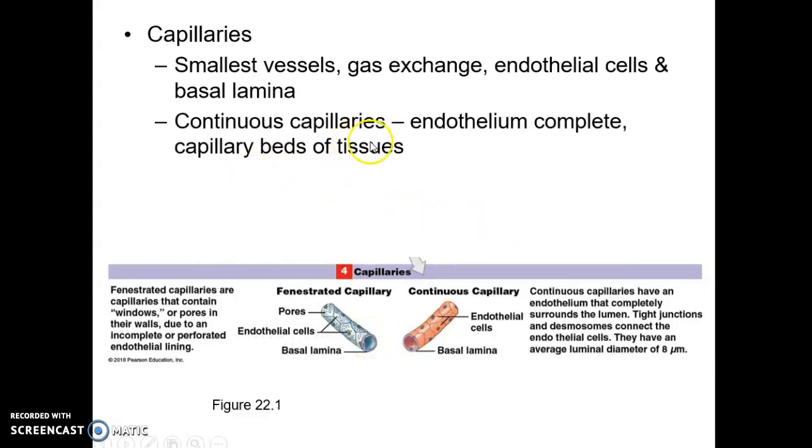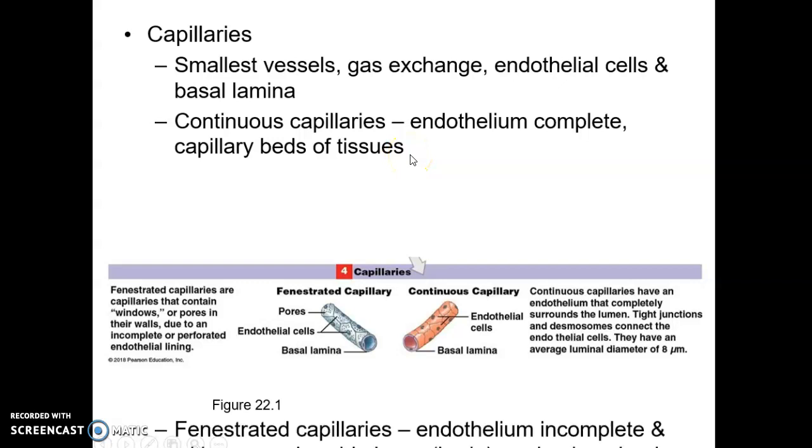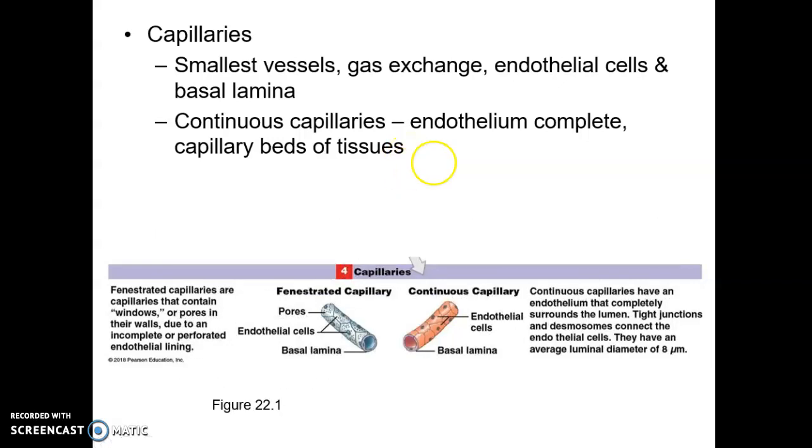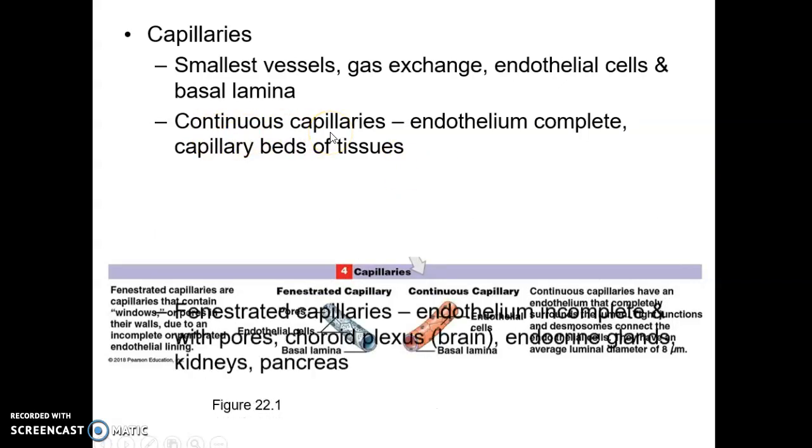So in continuous capillaries, the endothelial layer, the endothelium, is complete, and these are the type of capillaries found in the majority of the capillary beds in our bodily tissues. So when you think of capillaries and capillary beds, those are continuous capillaries.